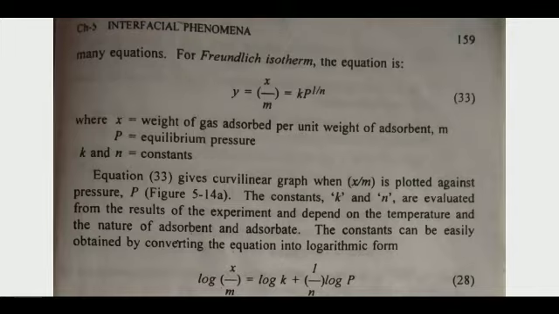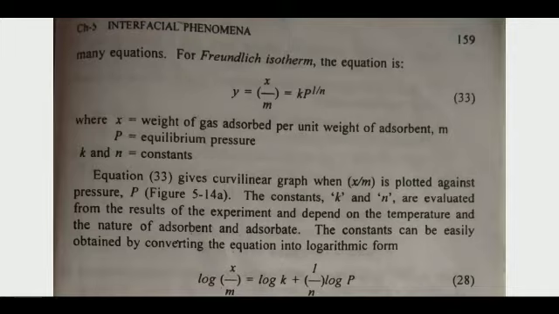We obtain a curvilinear graph. From that graph, k and n values can be evaluated from the experiment, based upon the temperature and nature of the absorbent and adsorbate.